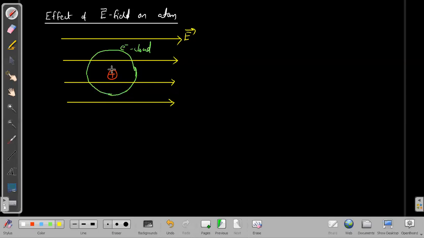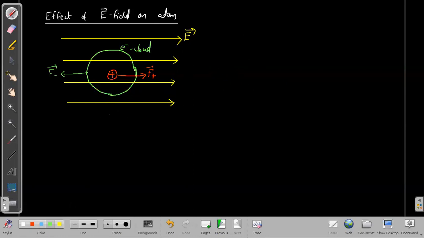Although it is electrically neutral, it contains positive and negative charges. So the charges within this atom will experience some electric force. The positive charge will experience a force towards the right, and the negative charge, or this electron cloud, will experience a force towards the left.